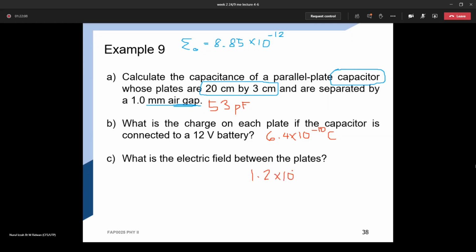So calculate first. Actually, for A, B, and C, you will make use of the three equations that we have today, I mean for capacitor. So use all the equations for capacitor to find C, Q, and E. V over M. Okay, done. That should be the answer.